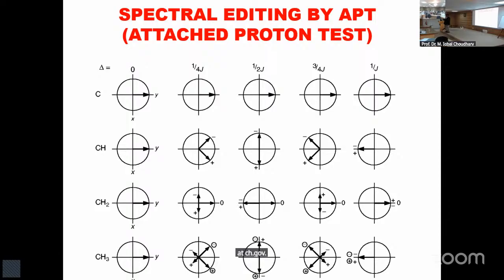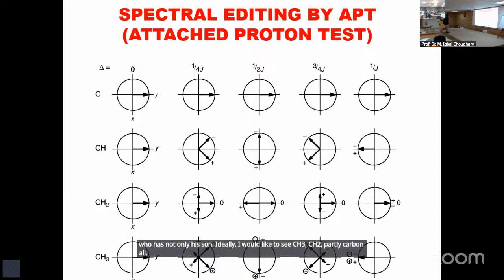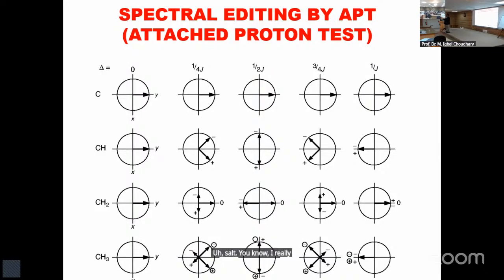The problem was not really solved fully. Ideally, you'd like to see CH3, CH2, CH, quaternary carbon all resolved. But between CH3 and CH, you still have a problem. Though I know how to integrate, because I know most of the CH3 will be okay based on hybridization, I can make some partial sense.